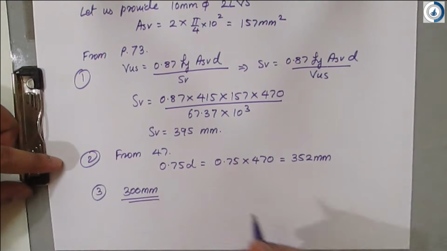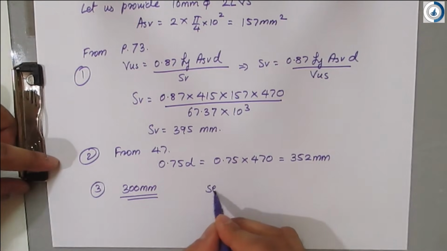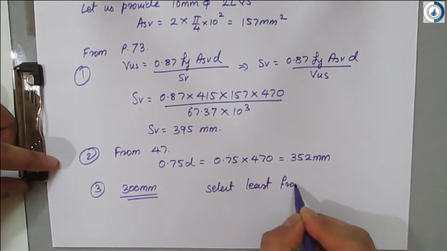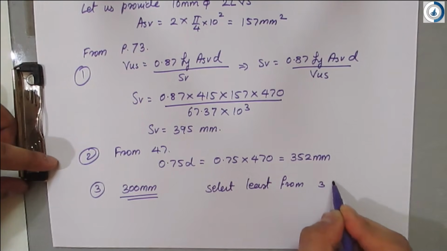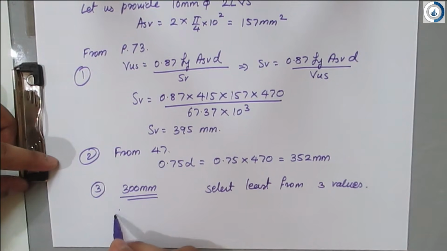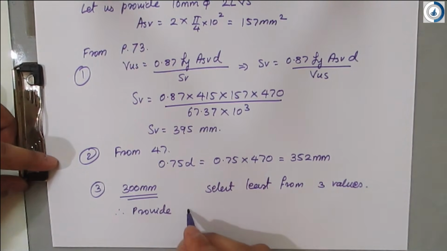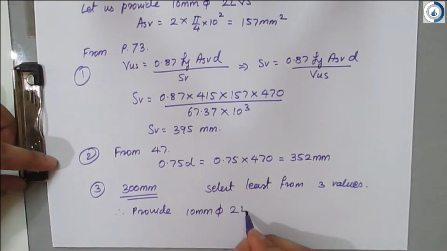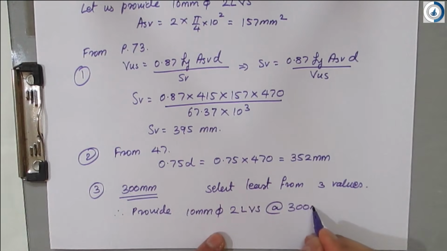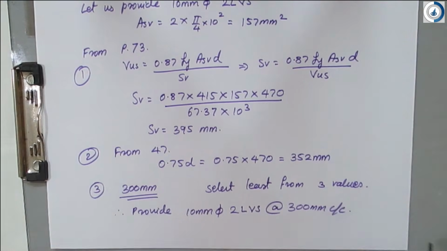Select the least from the three values. Therefore we can conclude, provide 10 mm Fy 2-legged vertical stirrups at 300 mm center to center.